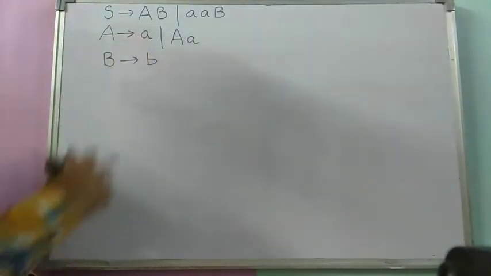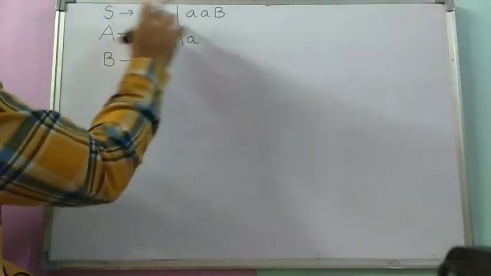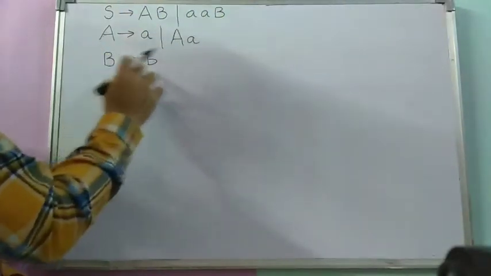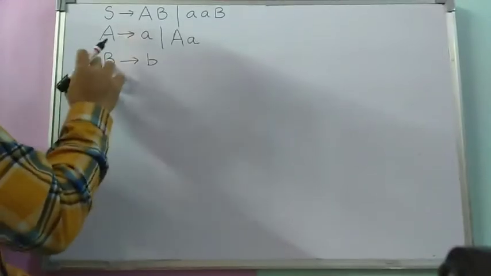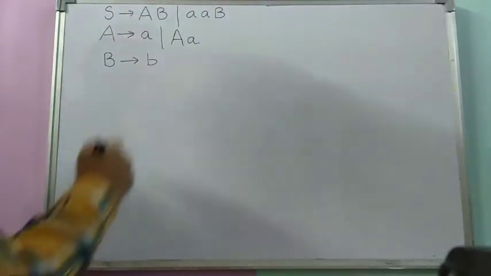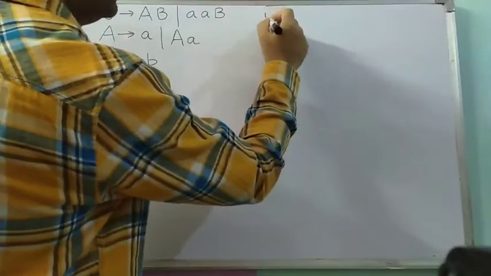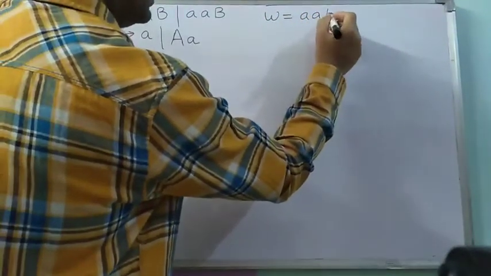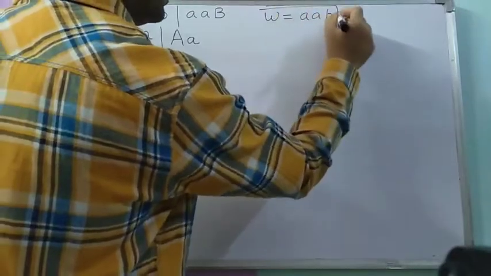A very evident word: if we take the production S → AB, A can generate a and B we can derive from B → b. So ab will be a word in this particular grammar. So we are taking w as ab.